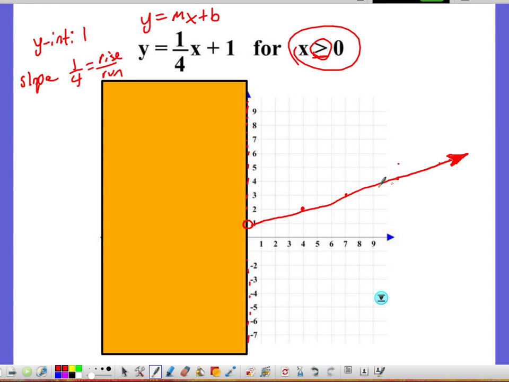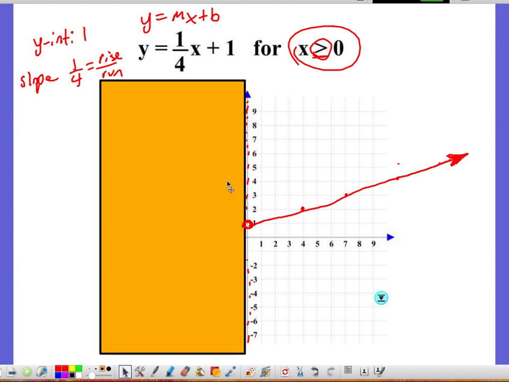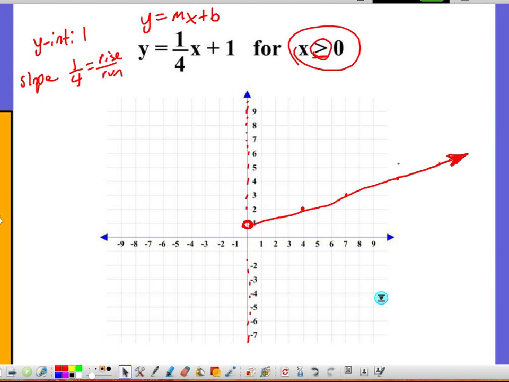But when I go to the left, notice that I hit that wall. And remember, I can't go past the wall. And so that is how my line is going to end up. So when I take that wall away, here is my graph.